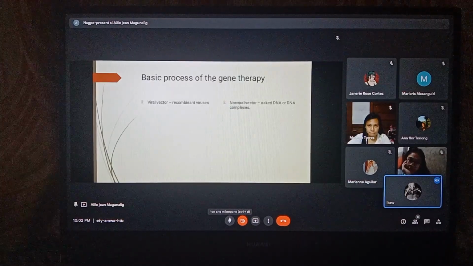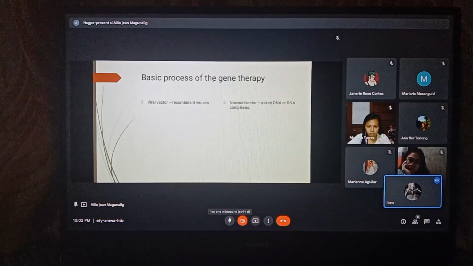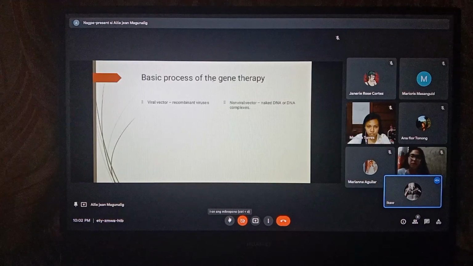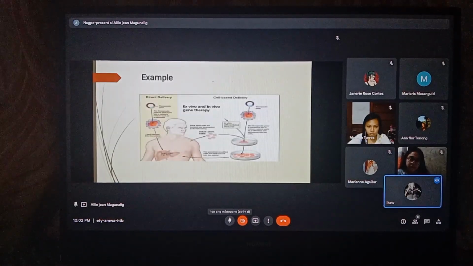So these are the basic processes of gene therapy. There are two categories, which are viral vectors and non-viral vectors. The viral vectors are recombinant viruses, and the non-viral vectors are naked DNA or DNA complexes. These are examples of ex vivo and in vivo.